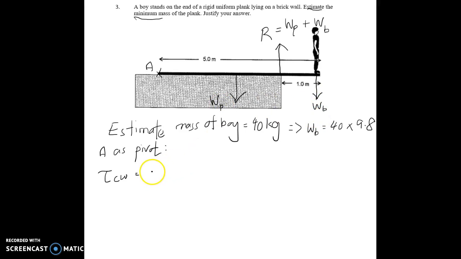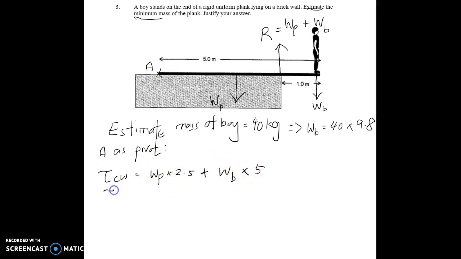The weight of the plank, WP, is multiplied by the lever arm, which is half of 5, so 2.5. Another portion comes from the weight of the boy, WB. The lever arm, the shortest distance, is 5. That's all the contribution from the clockwise.